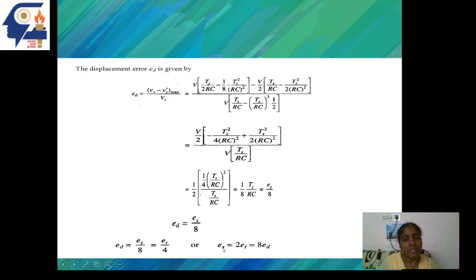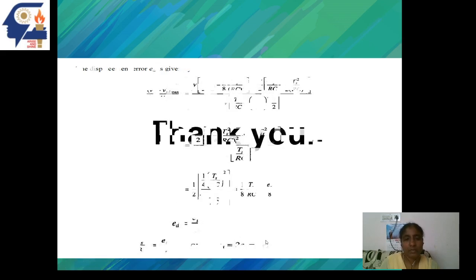Just by taking the LCM in order to remove the fractions and make them whole numbers, another representation is this. In general, sweep error is Ts by Rc, transmission error is Ts by 2 Rc, and displacement error is Ts by 8 Rc. Thank you.